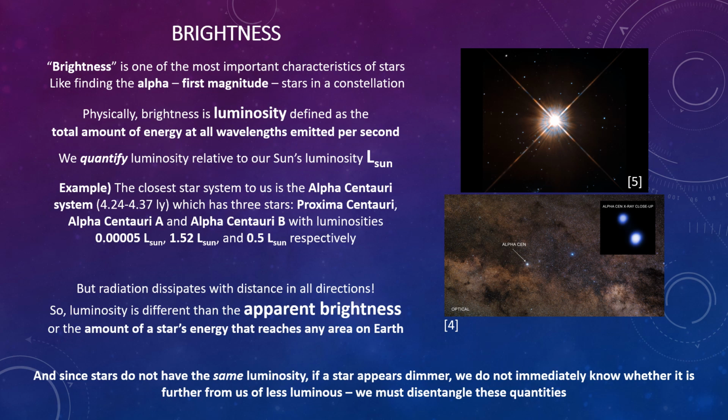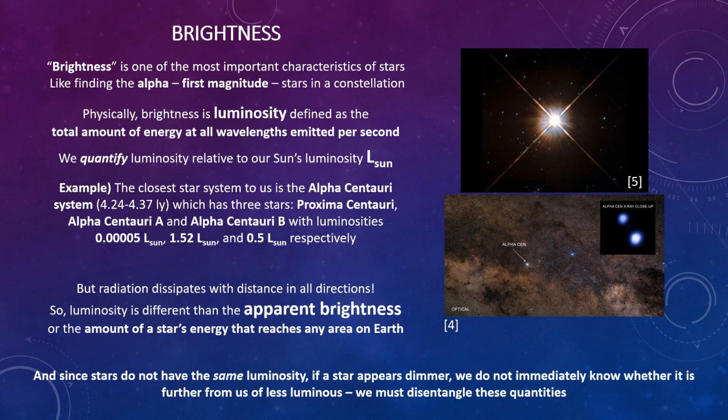But this is where things get a little complicated. I mean, well, it already was complicated, but we need to think about this in terms of distance, because again, with our inverse square law, we know that the amount of radiation that we receive decreases with distance. However, not all things have the same luminosity.